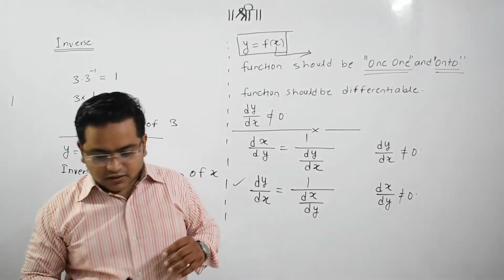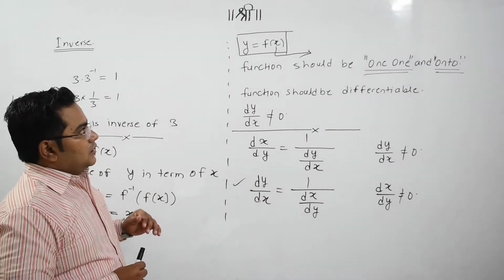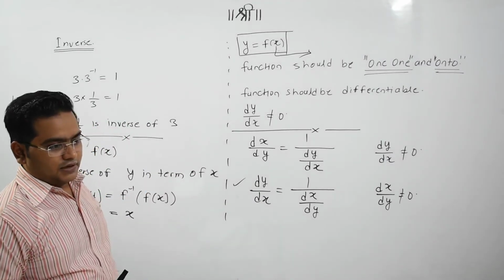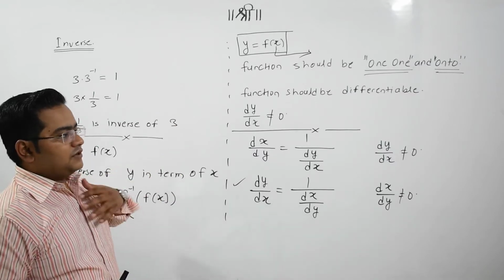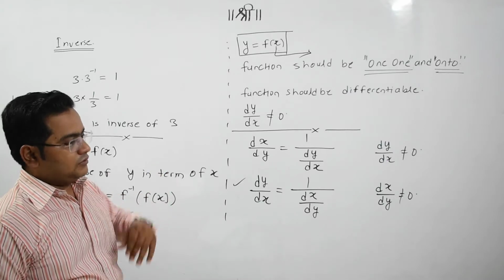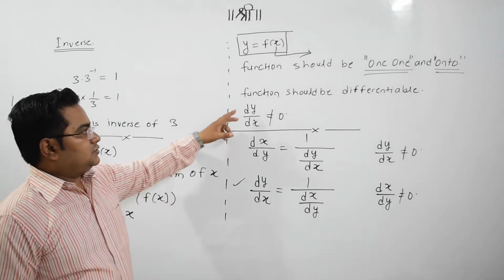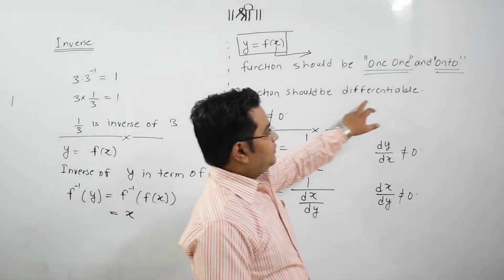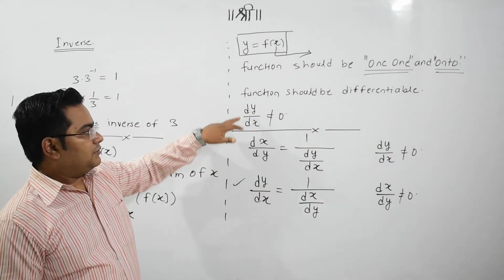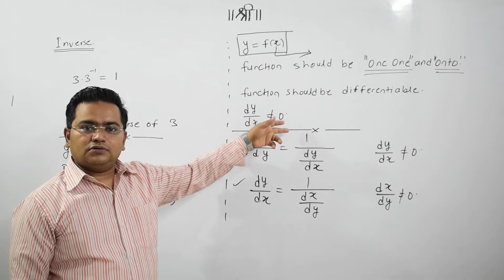Now here, I hope I am clear with this f of x and x. f of x says that it should have some relation with y, and that relation is 1-1 and onto. Next step is what? It should be differentiable within particular intervals. Now next step is what? Dy upon dx should not be equal to 0.